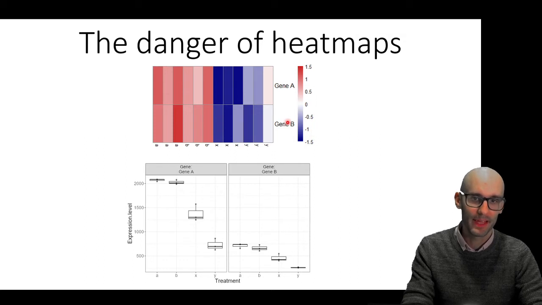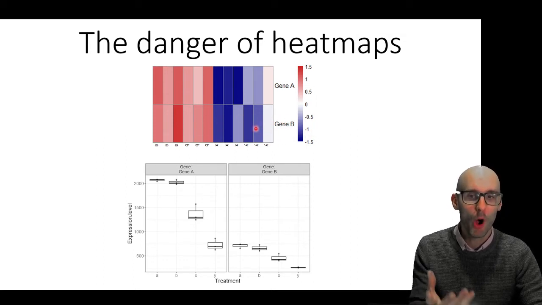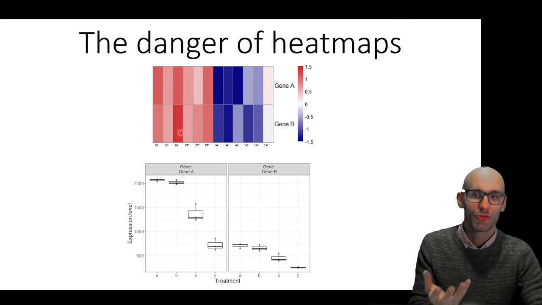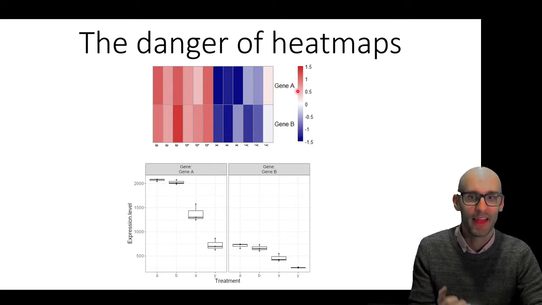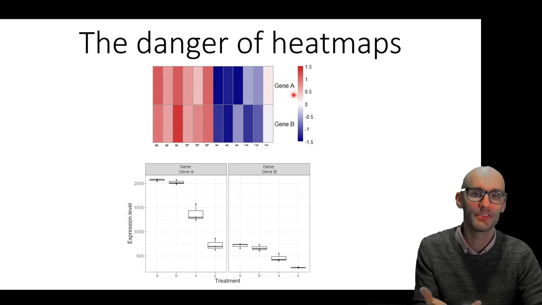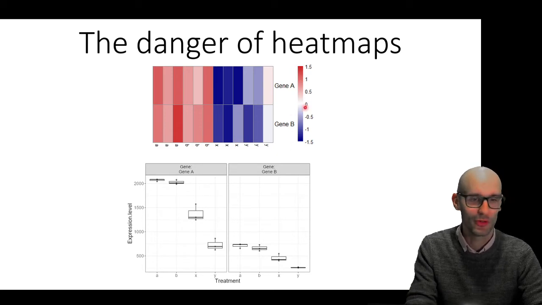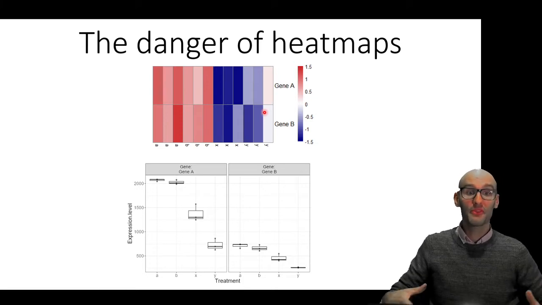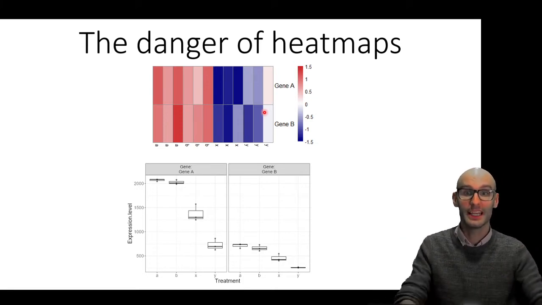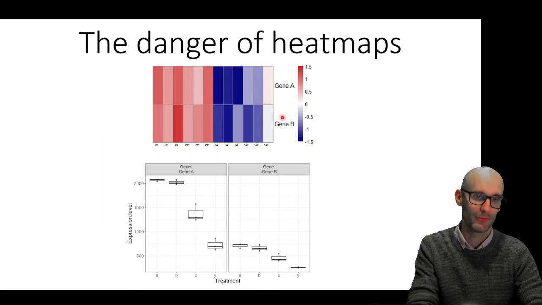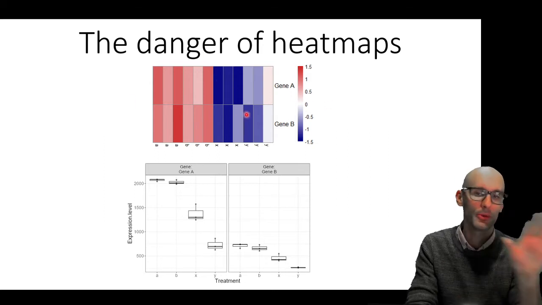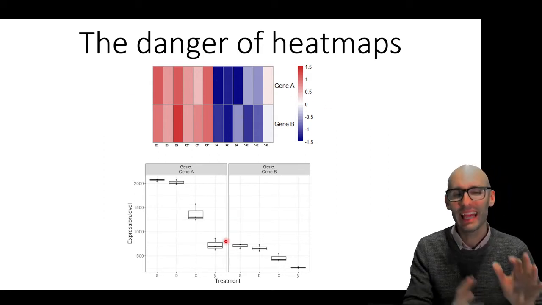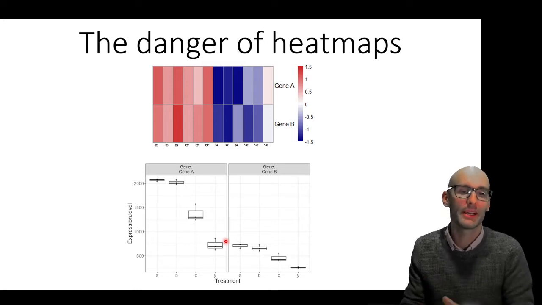So this is change in expression levels of gene B relative to gene B. And this is of gene A relative to gene A. And these are Z-scores, which are a statistical approximation. And you can see now that we've scaled it within gene, we end up with the same heat map, right? So it looks like A and B are doing the exact same thing, but A and B aren't doing the exact same thing, and it might be very important.